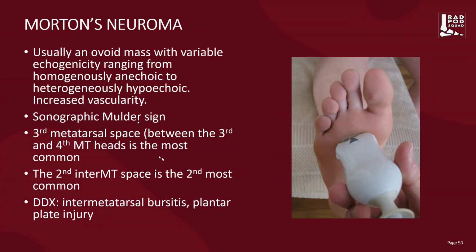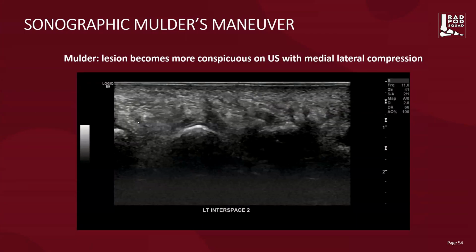Of course, the differential diagnosis we're looking for is to differentiate a Morton's neuroma from intermetatarsal bursitis or even a plantar plate injury. Performing a sonographic Mulder's maneuver helps to make the Morton's neuroma become more conspicuous on ultrasound using medial to lateral compression.